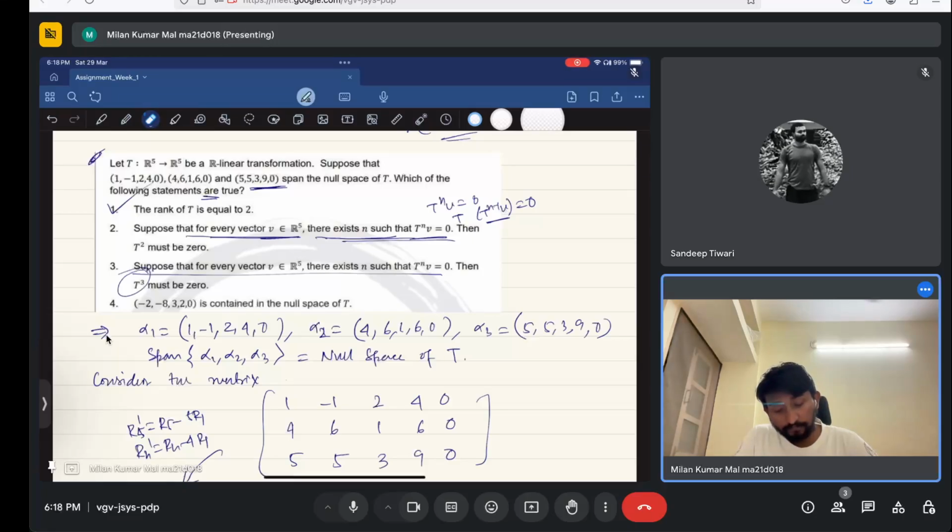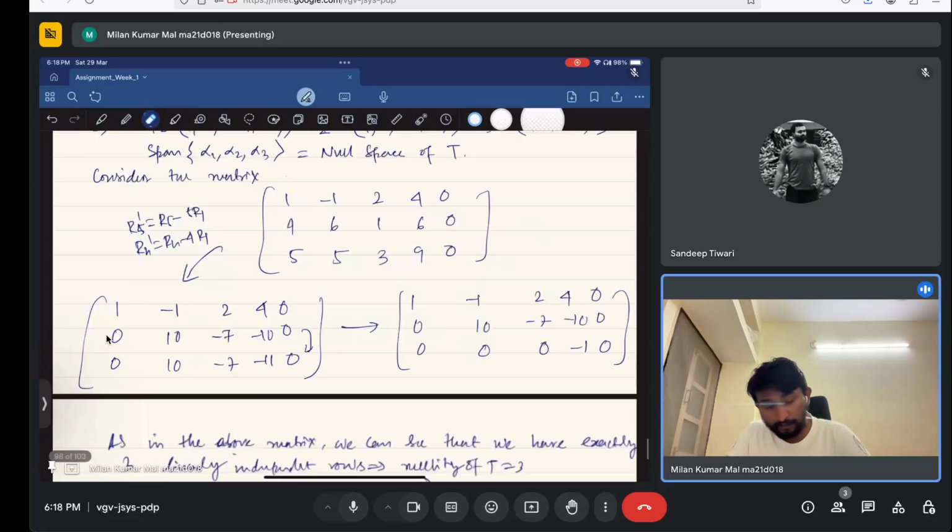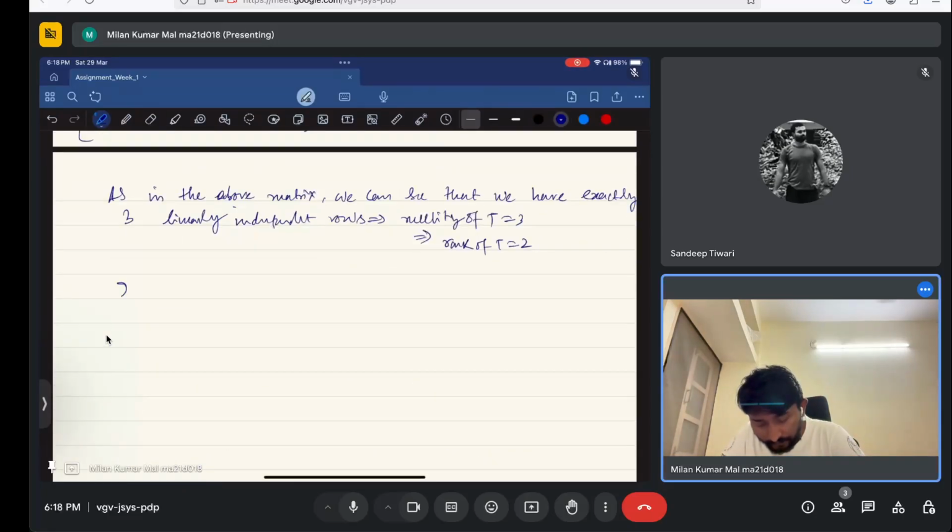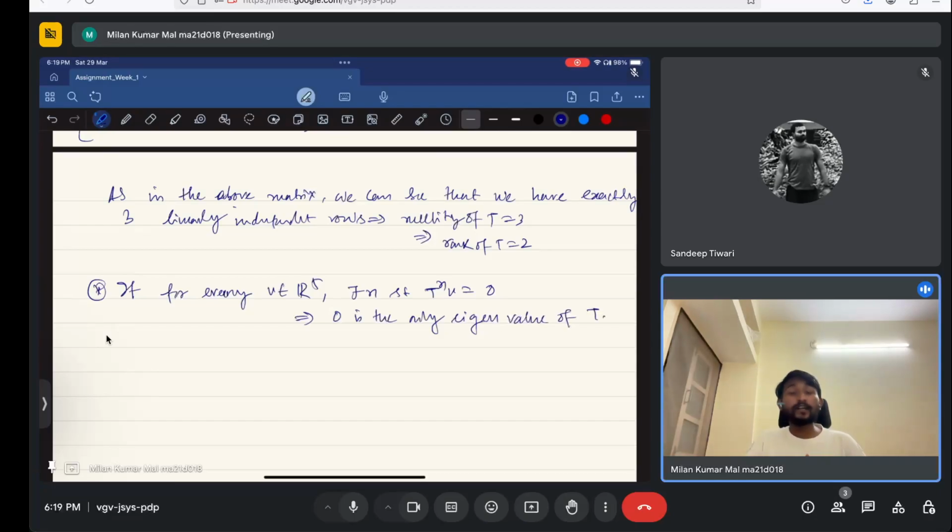But it is also saying that for every vector v, T to the power n v equals 0, that means no other eigenvalue is there. So 0 is the only eigenvalue. If for every v belongs to R to the power 5, there exists an n such that T to the power n v is equal to 0, that implies that 0 is the only eigenvalue of T, because there can't be any other eigenvalue.